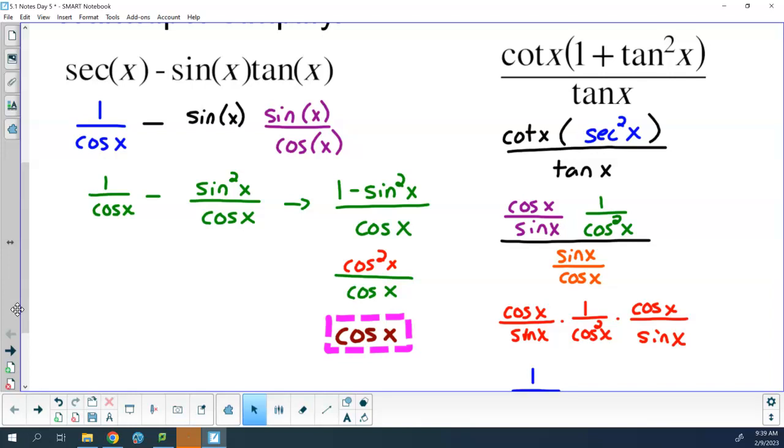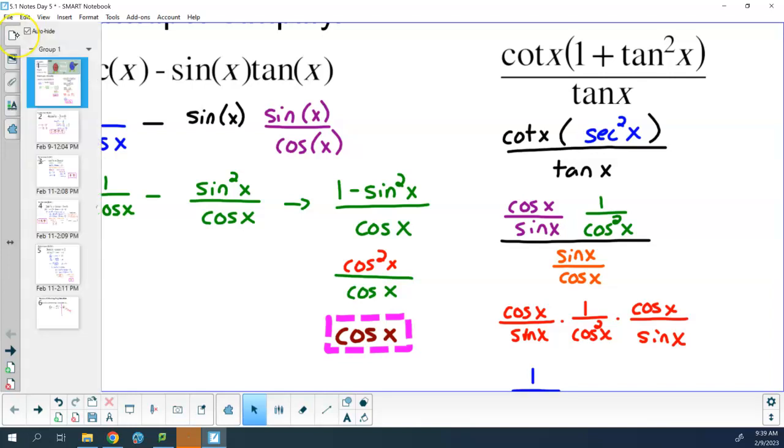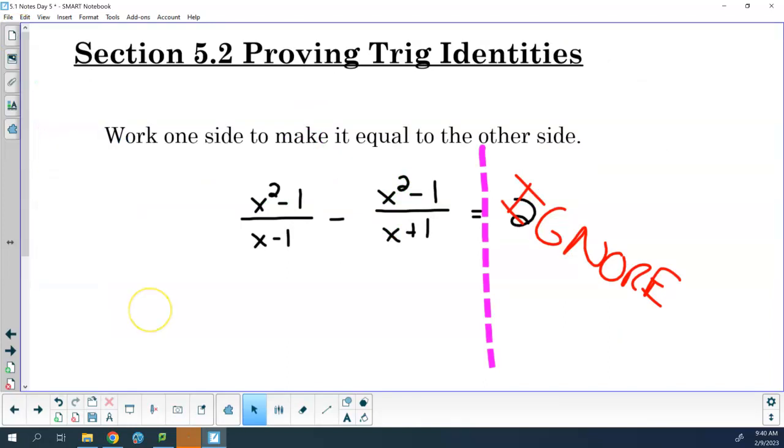I'd work this left side until it's 2, doing all of the maths possible when we get into trig, using all of the trig identities possible. This sheet is a self-guided sheet, so you can follow along and you can know that you're right when you get the other side.